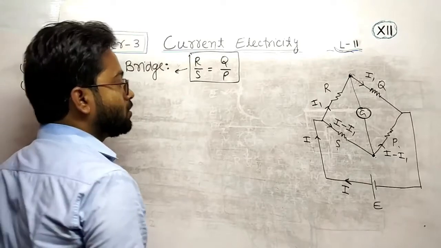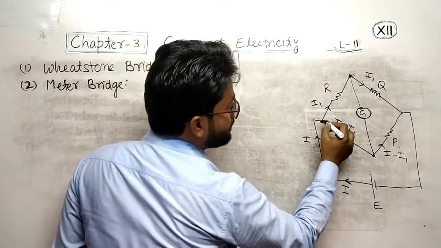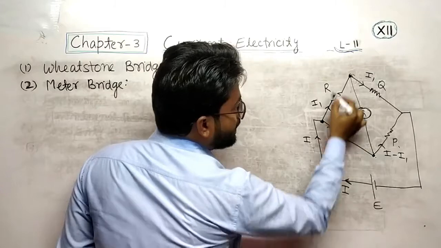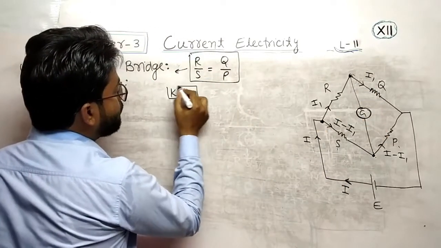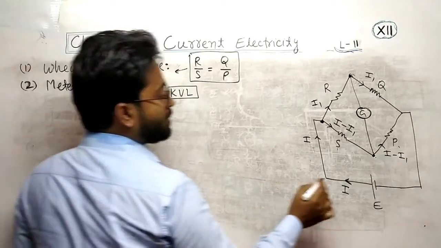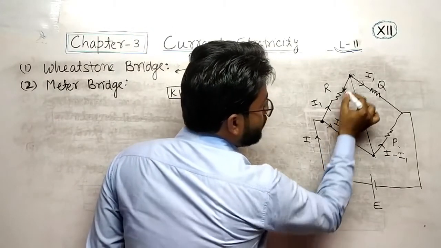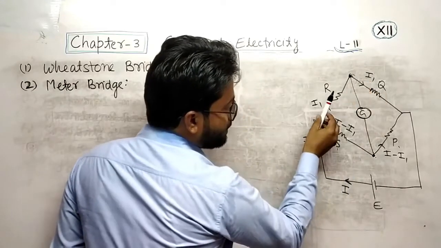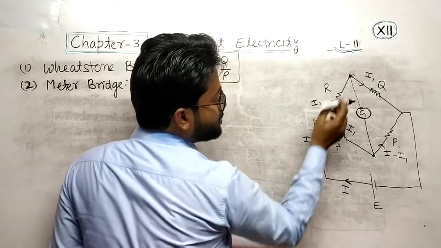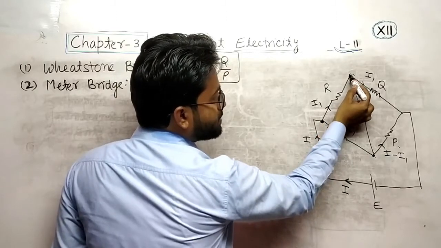Okay. Talk about the condition. Apply KVL, Kirchhoff's voltage law. If we move from this point to this point to this point, current is flowing in this direction, which means this is higher potential and this is lower potential.